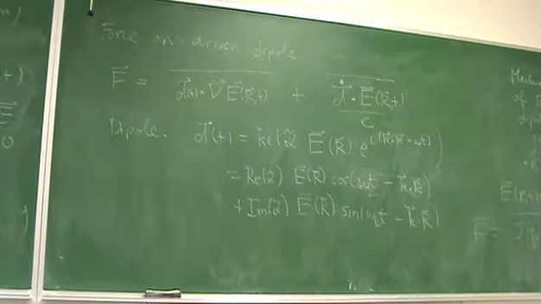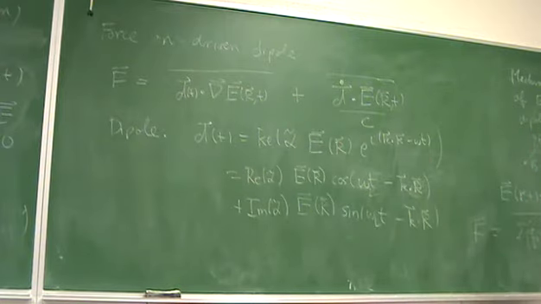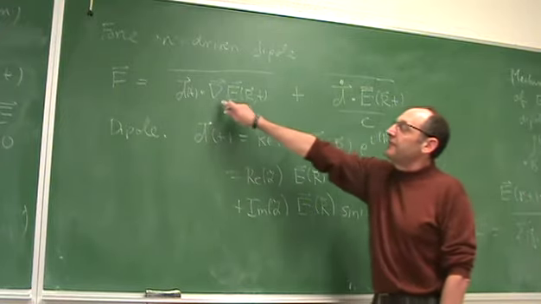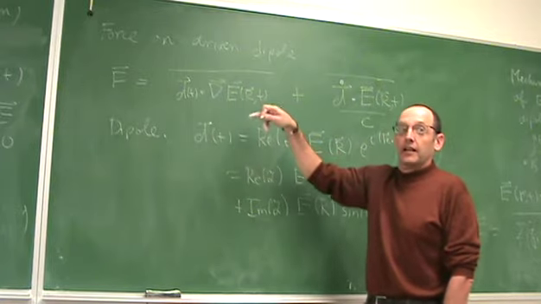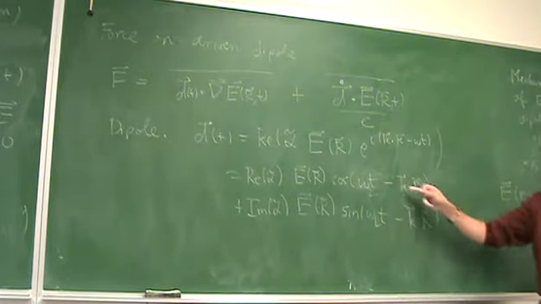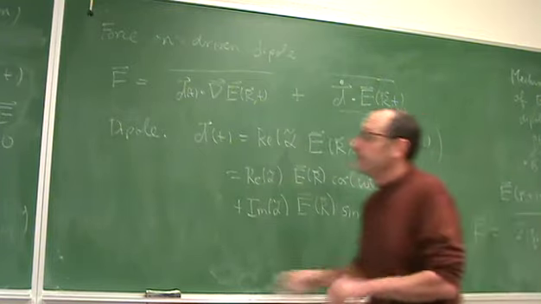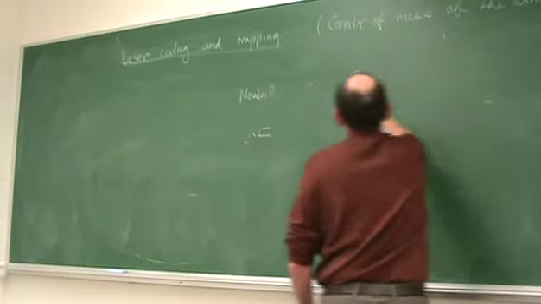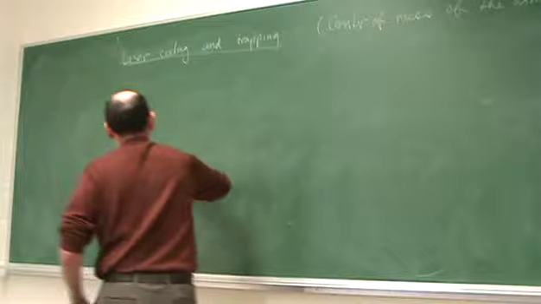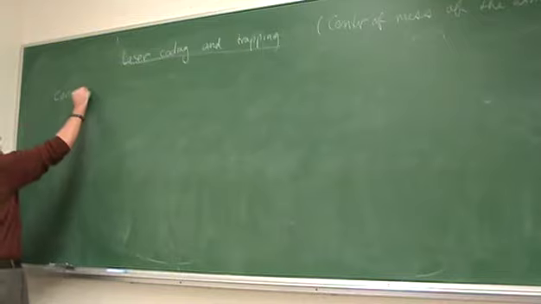So let's look at each of these terms and what they imply once I do this time average. The gradient doesn't change the time dependence, so the gradient of this is going to oscillate like cosine omega t times whatever the phase is. And when I then do the time average of this, let's consider each term.